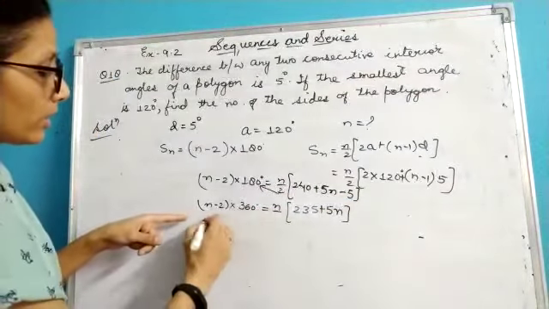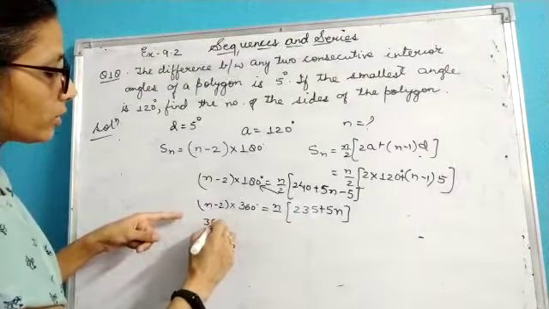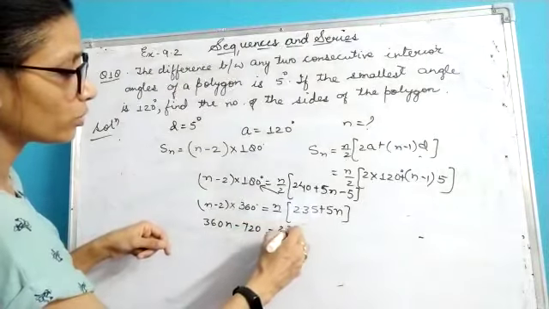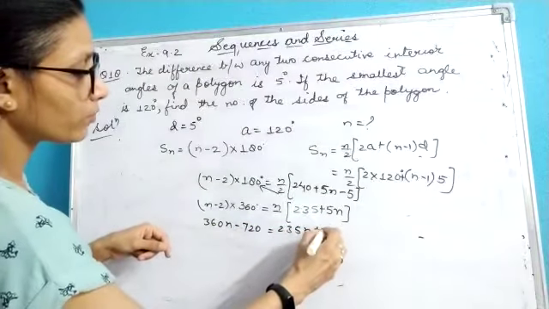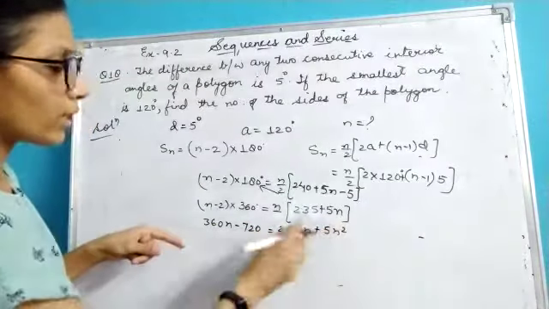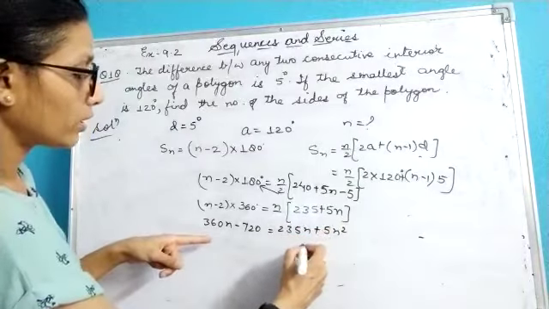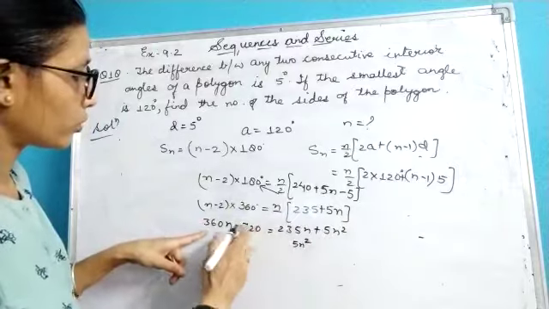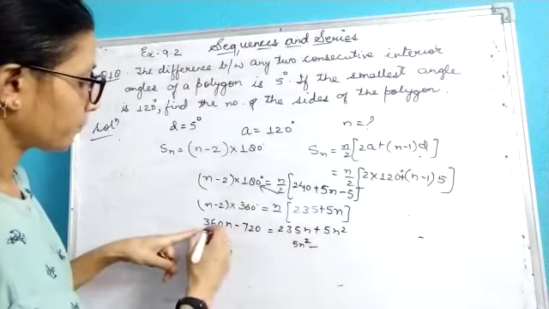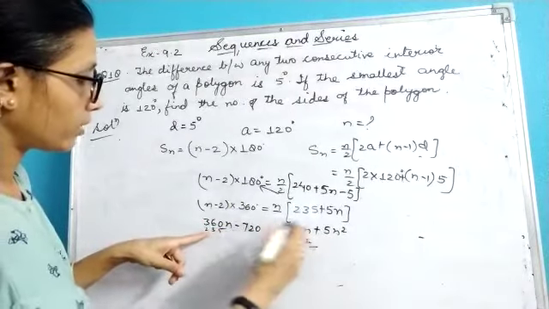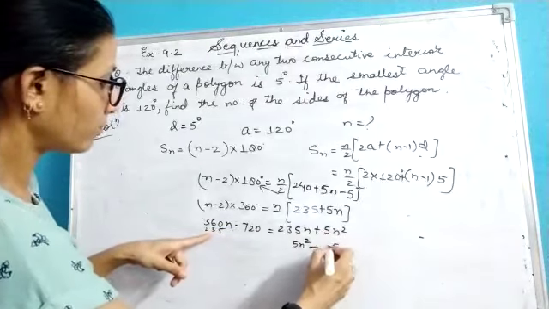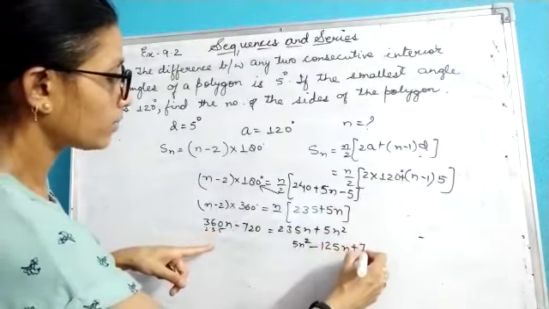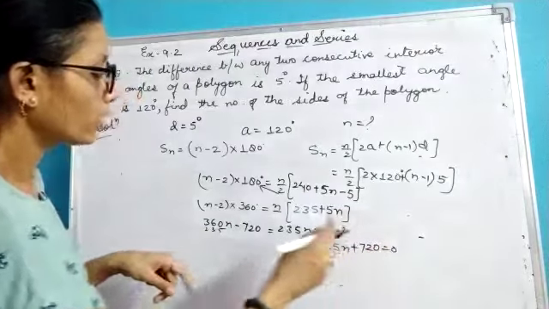Now I can open it more. This is 360n minus 720 equal to 235n plus 5n square. So I will be getting a quadratic equation, that means 5n square, and when this 360 comes across, it will be minus 125n plus 720 equal to 0.